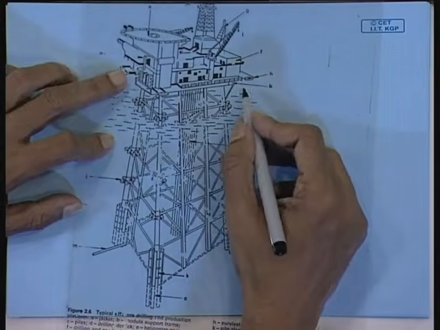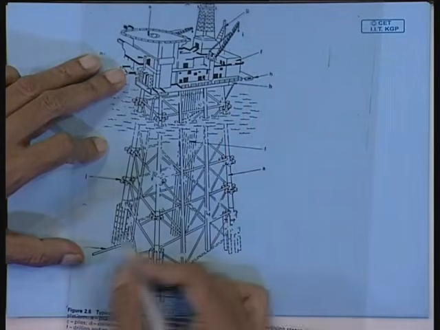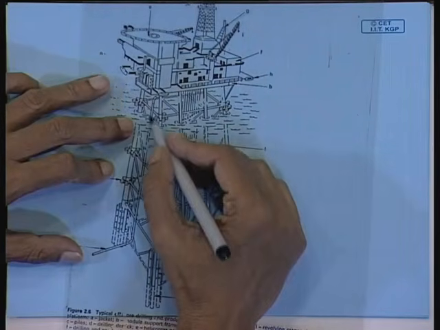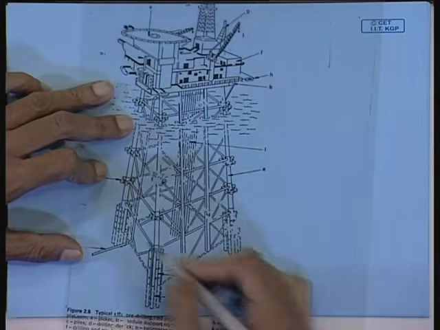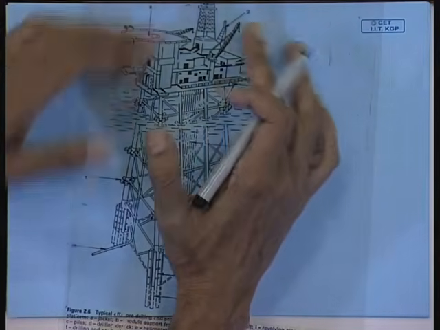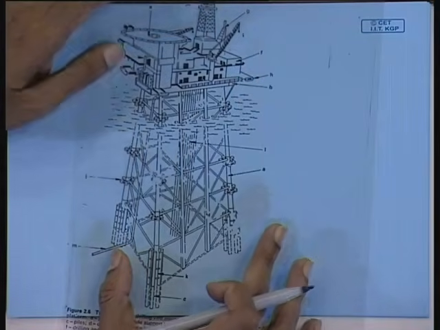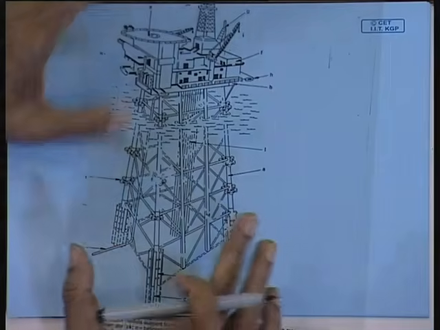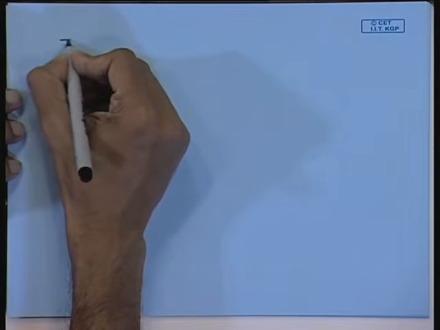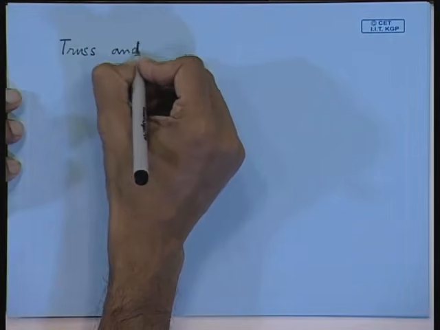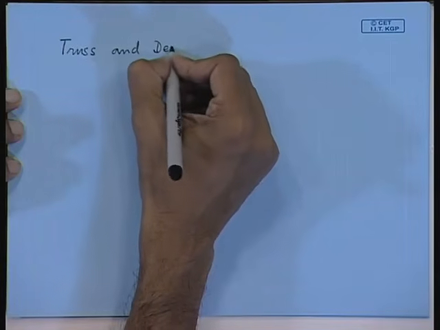The truss you can see is massive. Say 90 meters tall, around 13 or 14 meters by 10 meters, it is a small jacket. The other is the deck module. These are the two distinct structural configurations which are fabricated separately. So, that means truss and deck are fabricated separately.